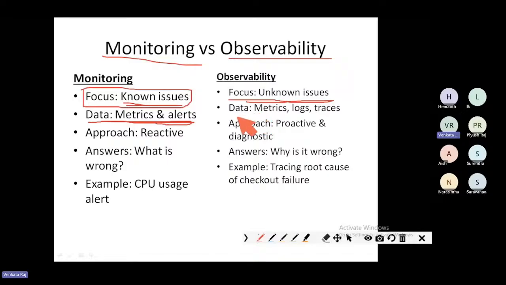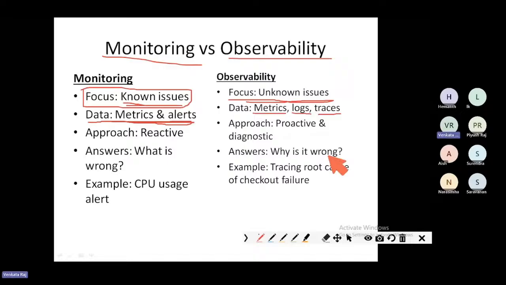We look into metrics, logs, and traces. Clear, everyone? Now, metrics can be different metrics. It could be application metrics, it could be your server metrics. We'll see that. For example, response time or throughput is a metric, right?